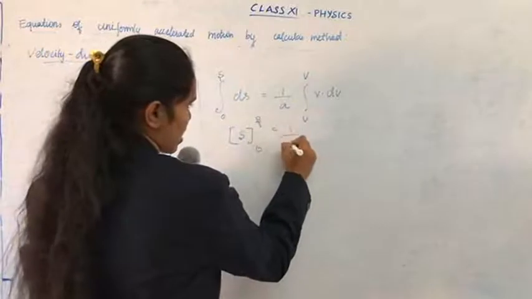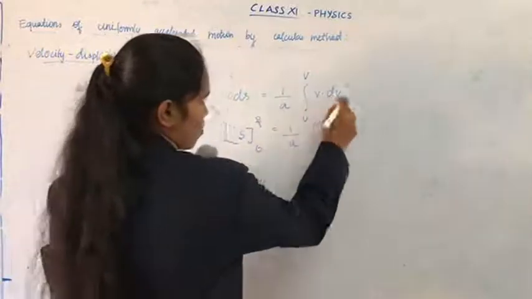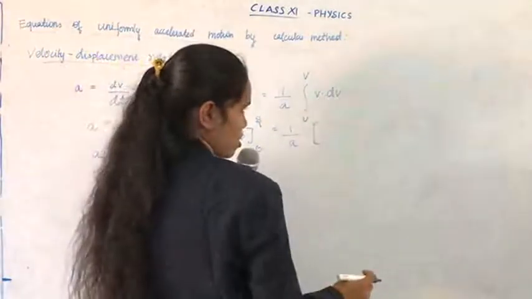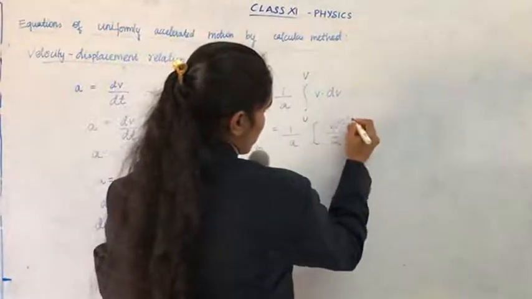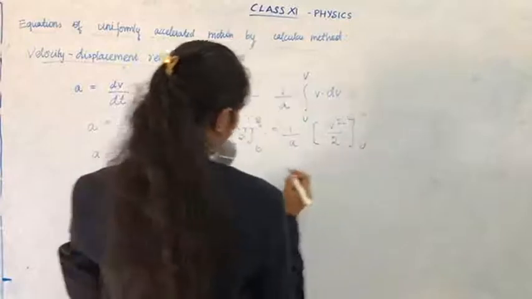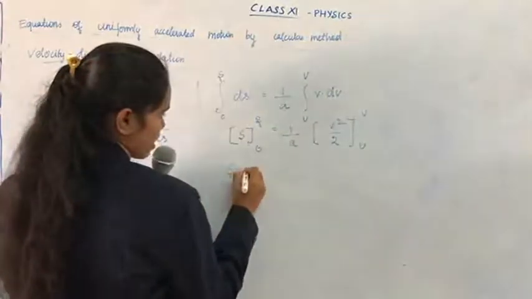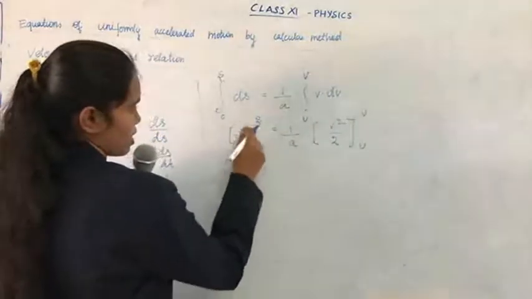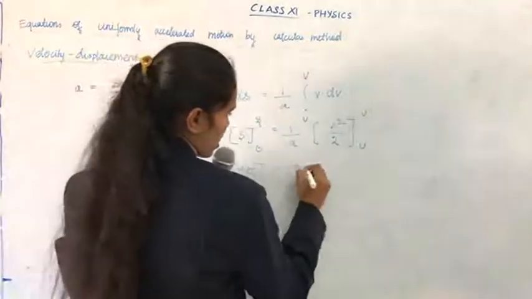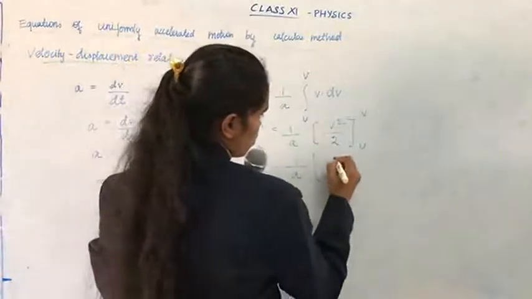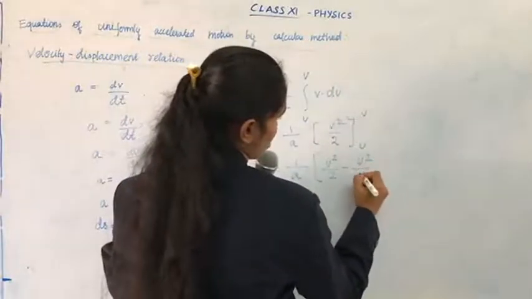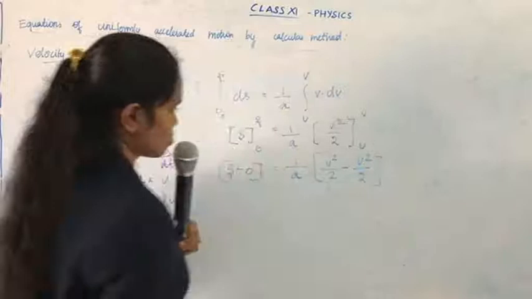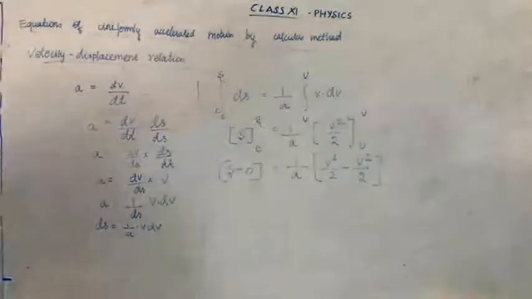Equal to 1 by a, which is constant, outside, times the integral of v dv, from initial velocity u to final velocity v. Cancel the integration and differentiation and we get s, from 0 to s, equal to 1 by a times v dv, which gives v square by 2. Apply the lower limit and upper limit: s minus 0 equals 1 by a times (v square by 2 minus u square by 2). Have you written?